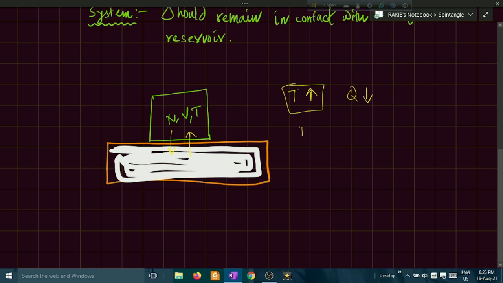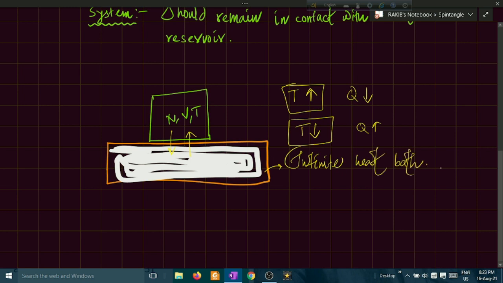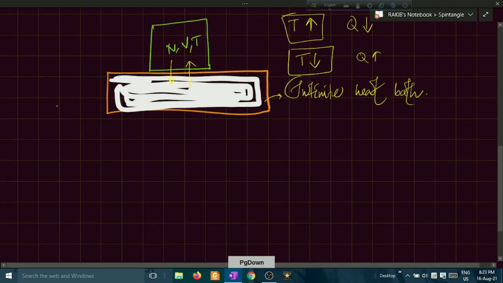And if the temperature of the system goes lower, the system will take heat from the reservoir. This is the function of the infinite heat bath. This is what we should encounter in a canonical ensemble.